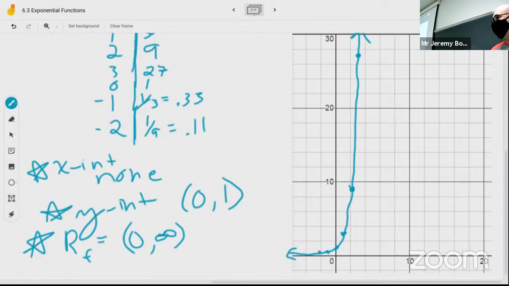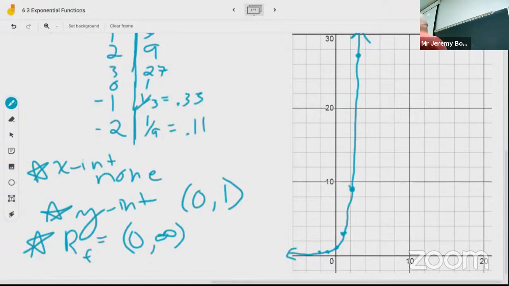Any questions on that? Will the range ever be from negative to something, or just from...? You mean, will it ever be that for any function or for an exponential function? No, I don't think it ever will. It's always going to be some horizontal asymptote. It may shift up and down.